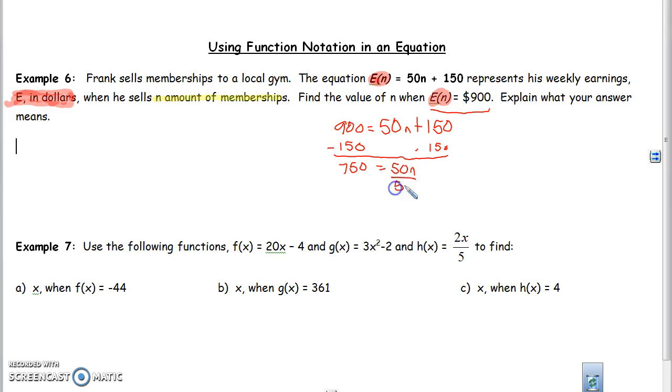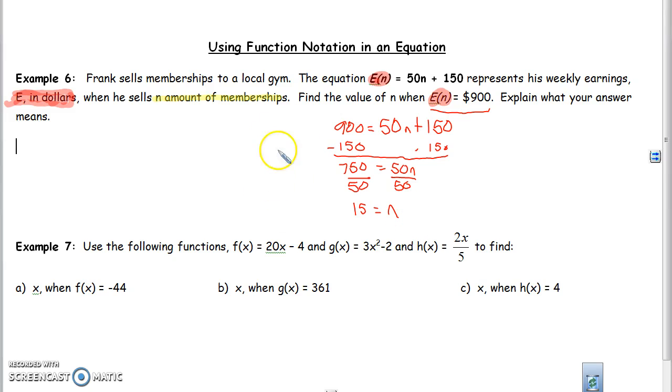Now you have to divide by 50. What is 750 divided by 50? Let's throw it in the calculator. 15. I'm using my calculator over here on this side, and you get it.